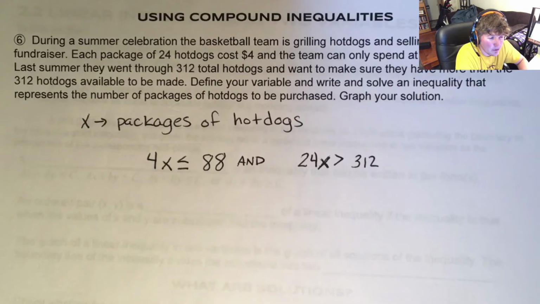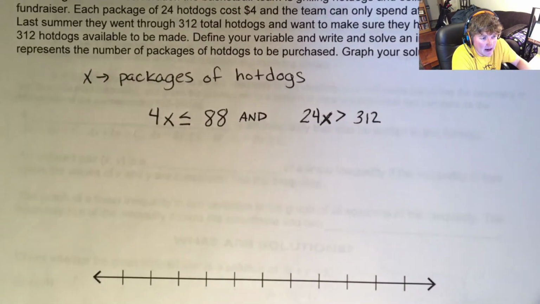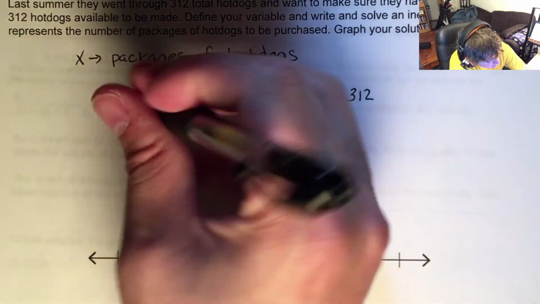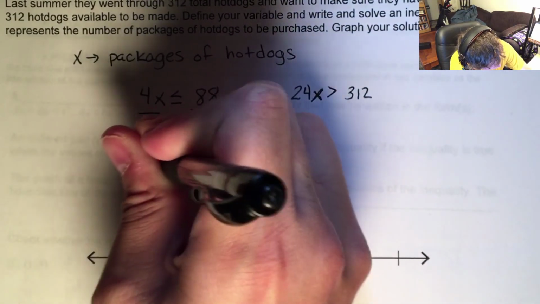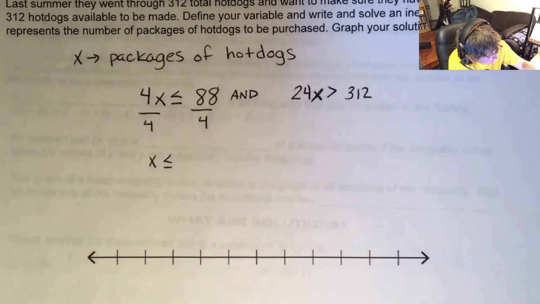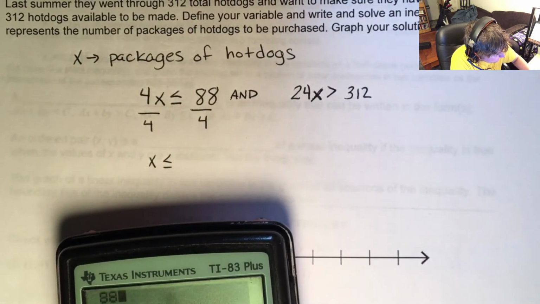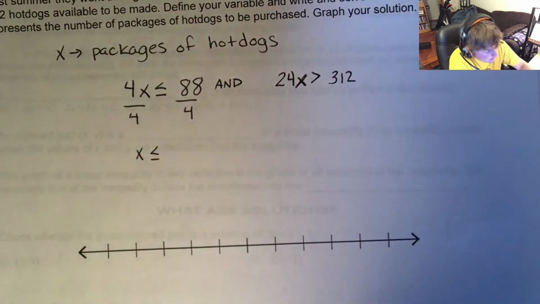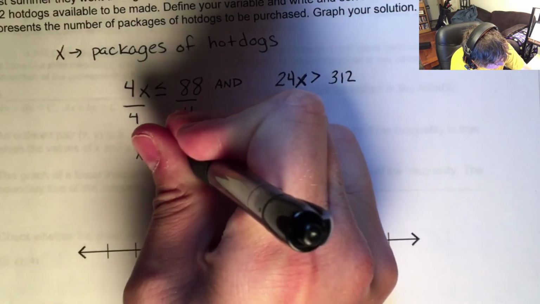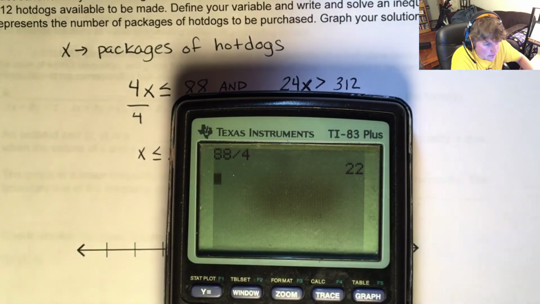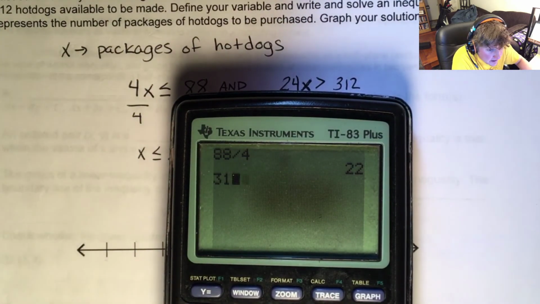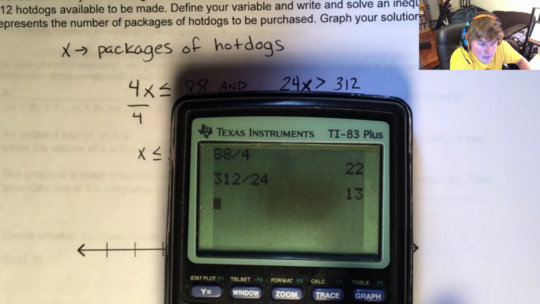So let's figure out how many packages that means they can buy from the store. Okay, this one I'm just going to divide by 4. And that means x is going to be less than or equal to 88 divided by 4 is 22. I actually knew that. I don't know why I did it in the calculator. Accuracy never hurts. Okay, and so then 312, I'm going to divide that by 24, which is 13.